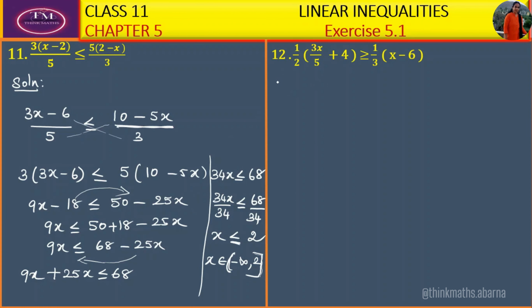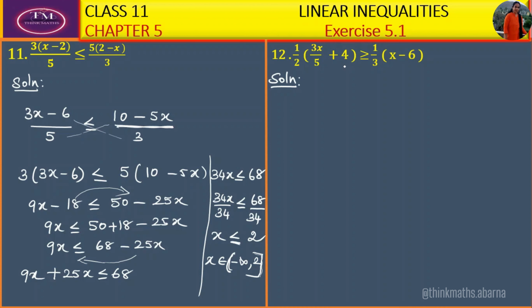So moving on to the 12th one. What is given? 1 by 2 into (3x by 5 plus 4) greater than or equal to 1 by 3 into (x minus 6). Okay. First let us sort out the numerator. The numerator is 1 into, so there will not be any change.